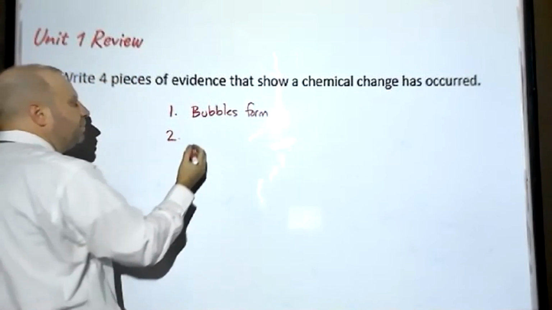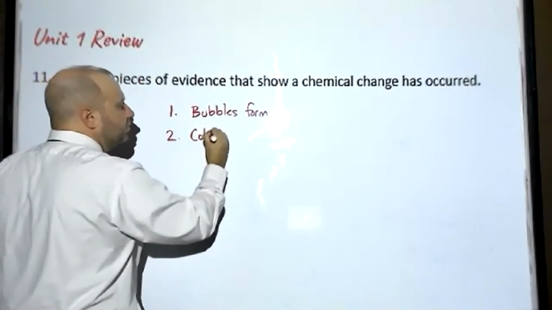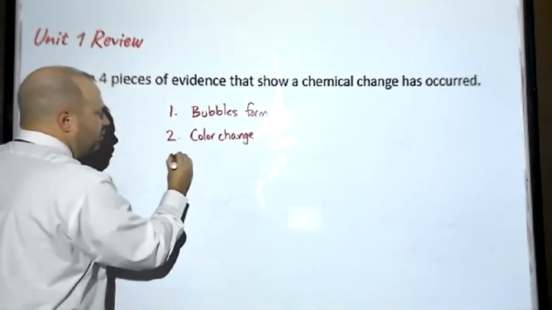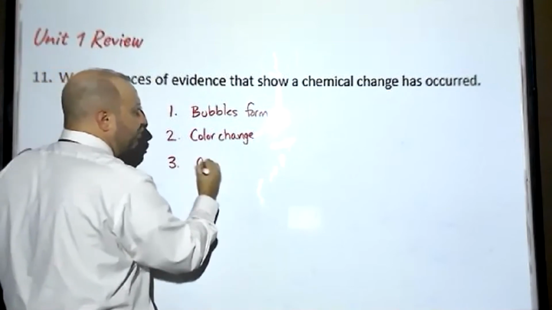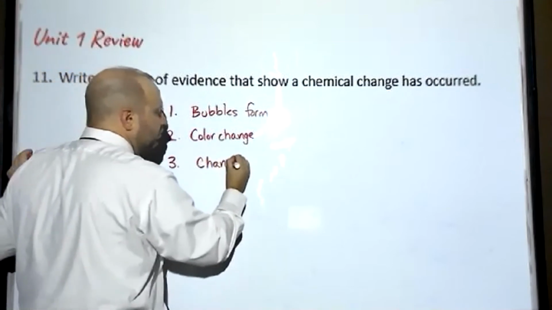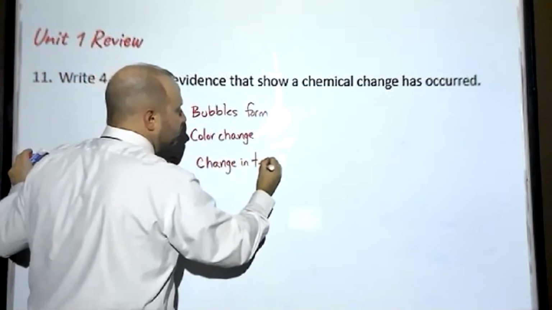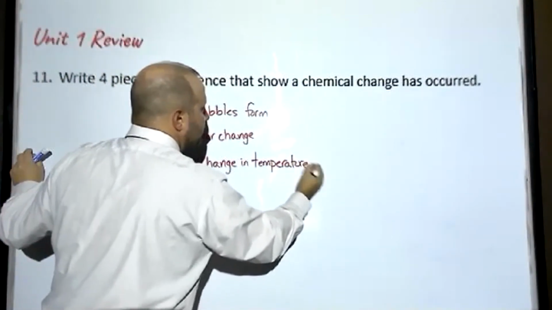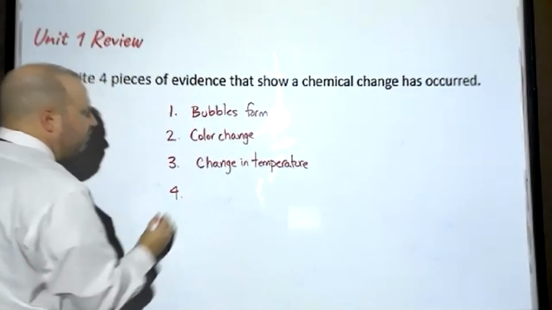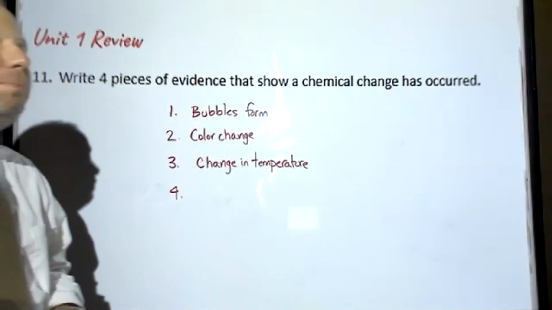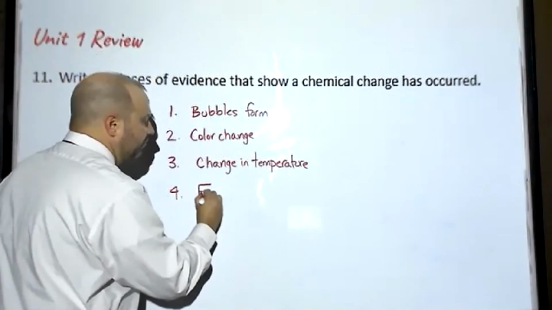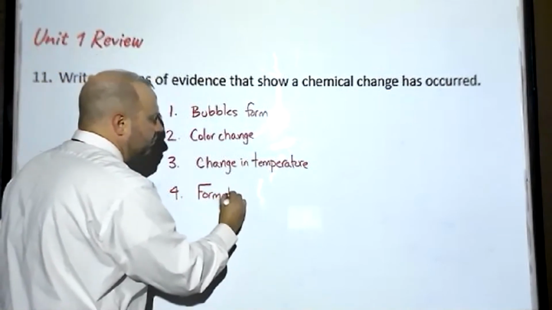A second one could be a color change. The third one could be a change in temperature. And then finally, the fourth one could be formation of a precipitate, like a solid that forms.